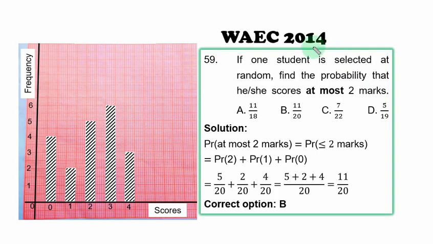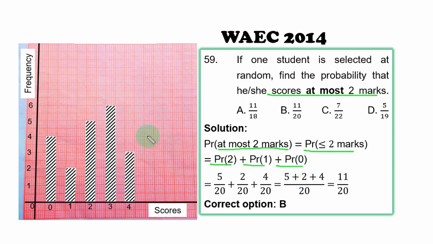Example 59. If one student is selected at random, find the probability that he or she scores at most 2 marks. Solution: probability at most 2 marks is equal to probability less than or equal to 2 marks. That is, probability 2 marks plus probability 1 mark plus probability no mark.